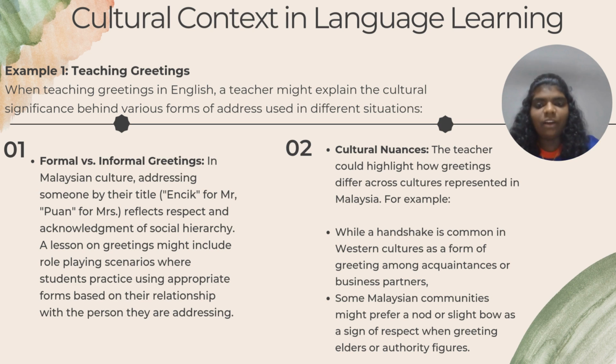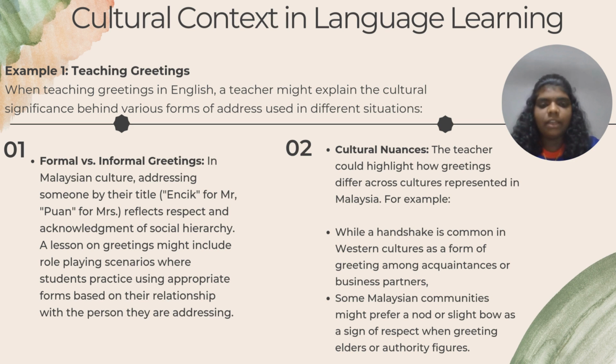A lesson on greetings might include role-playing scenarios where the students practice using appropriate forms based on their relationship with the person they are addressing. So, the second one is cultural nuances. The teacher could highlight how greetings differ across cultures represented in Malaysia.